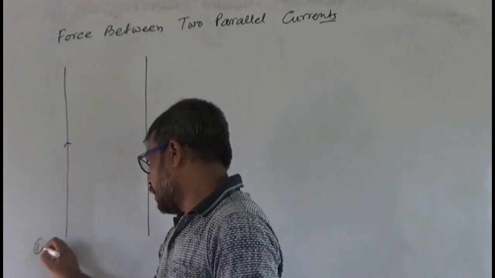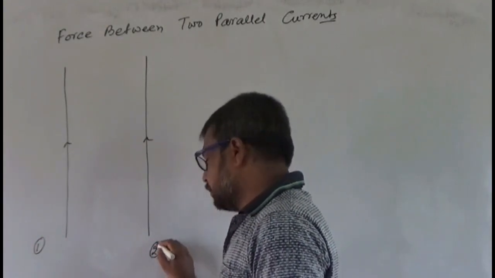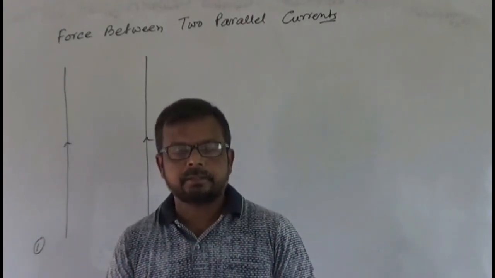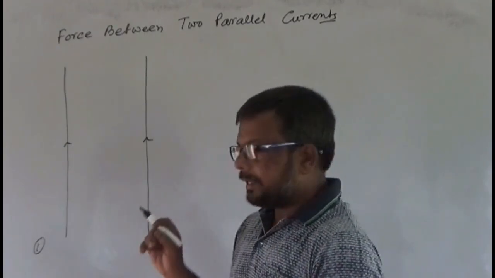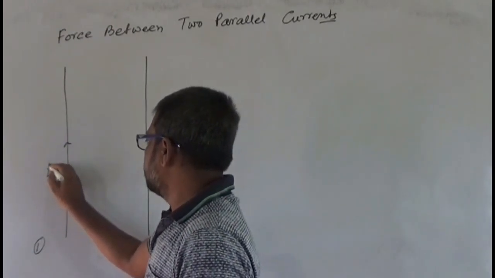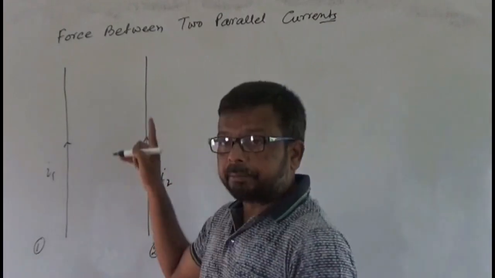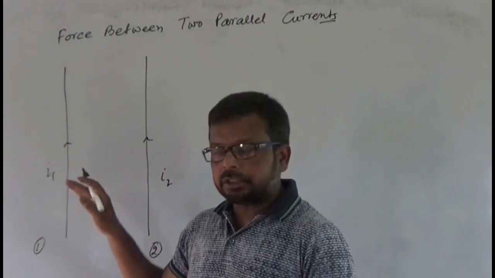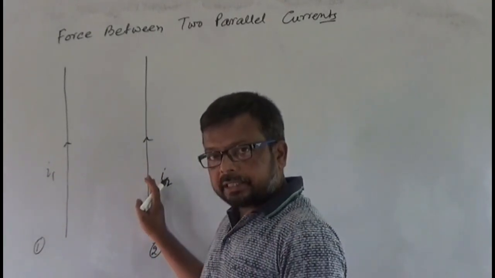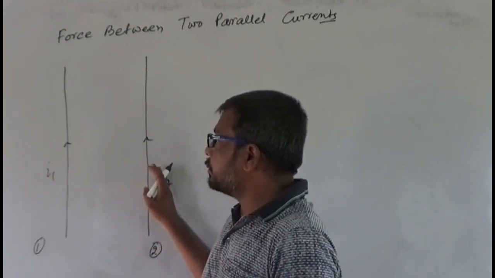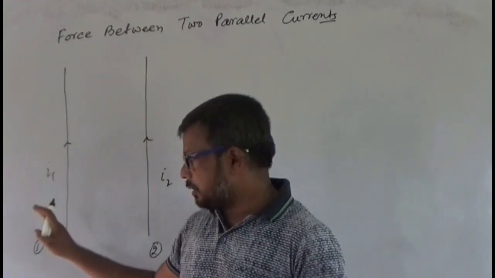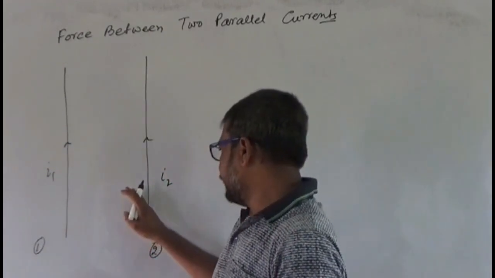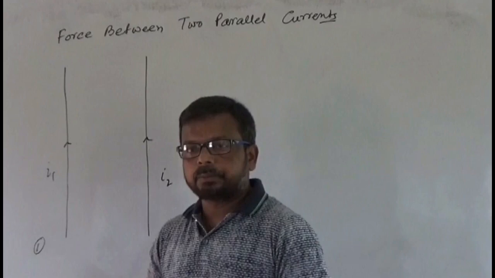This is conductor 1 and this is conductor 2, right? Carrying currents I1 and I2 in the same direction. Clear? Here we consider two current carrying conductors carrying currents I1 and I2 in the same direction. One conductor named 1 and second conductor named 2.